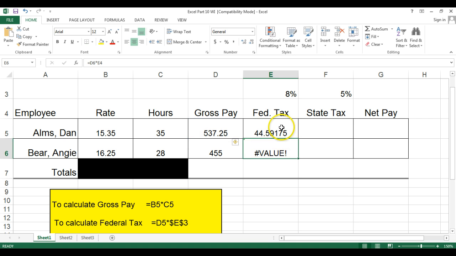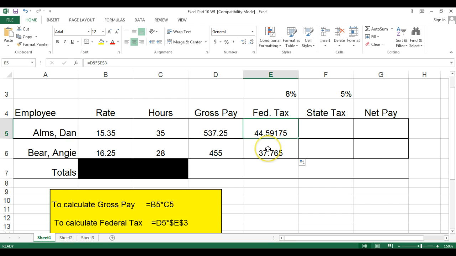Enter, go back to your answer, go to the bottom right hand corner and copy down. Now it copied the formula, so it changed the formula from cell D5 to D6, but it froze and kept the same E3. Let's take a look at that. If I click on E5, notice up here in my formula bar, it says $E$3.